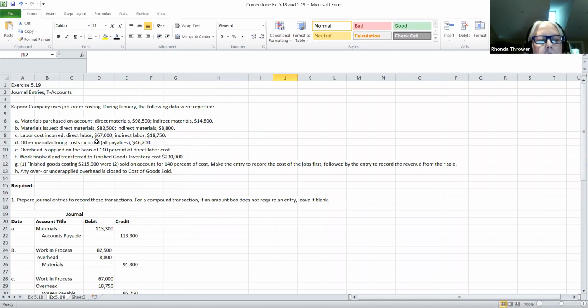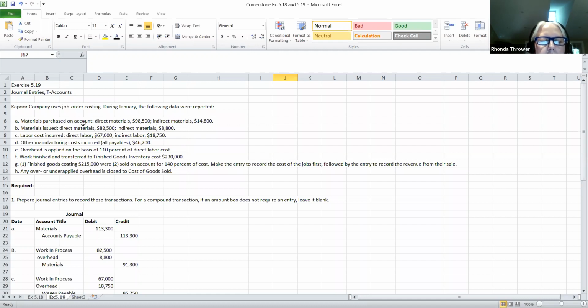But in this case, we're creating journal entries first. And so we're going to debit the materials for the materials that are purchased on account. And what I did is I combined my direct materials and my indirect materials together, and that will give me the debit to the materials account of $113,300.